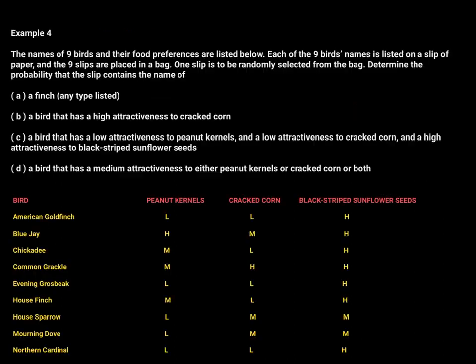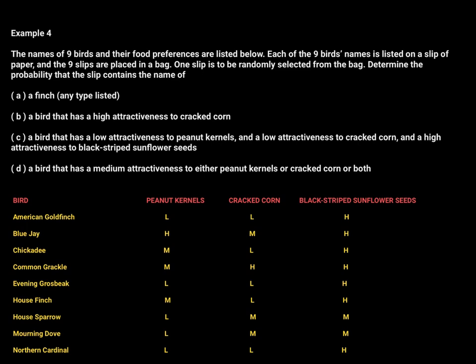All right. The names of 9 birds and their food preferences are listed below. Each of the 9 birds' names is listed on a slip of paper, and the 9 slips are placed in a bag. One slip is to be randomly selected from the bag.